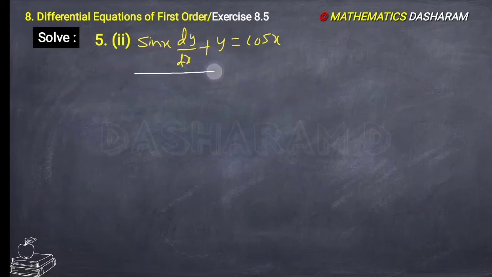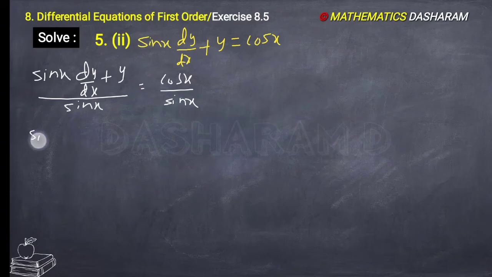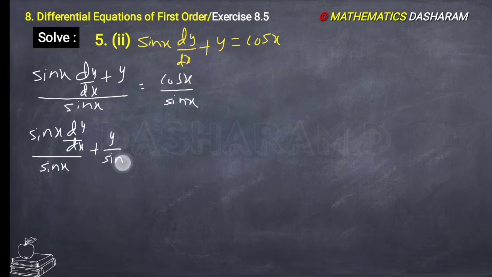Second question, sin x into dy by dx plus y equals cos x. So to get the standard form, divide with sin x on both sides. Next here split into two fractions, dy by dx by sin x plus y by sin x equals cos by sin, which is cot x.